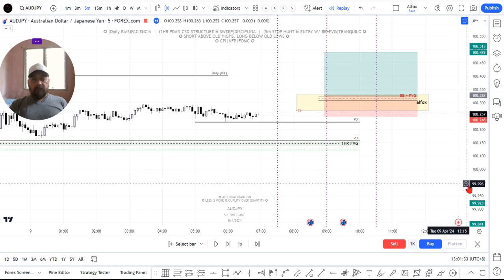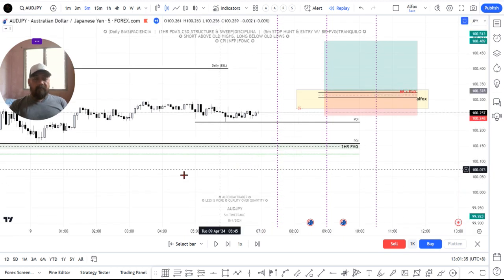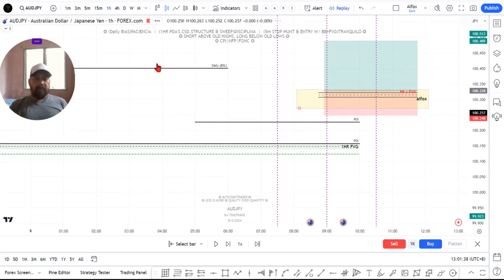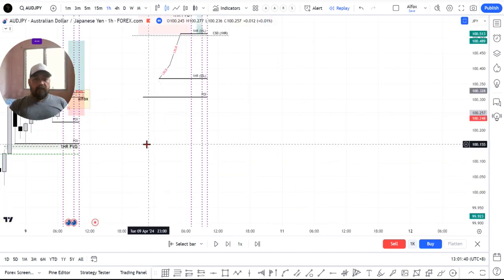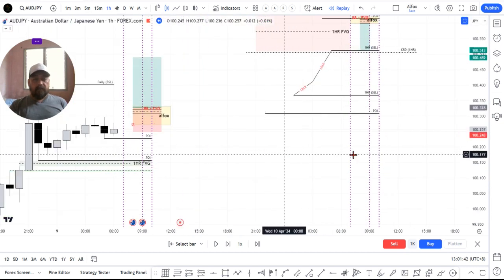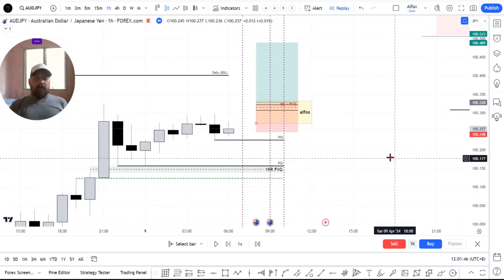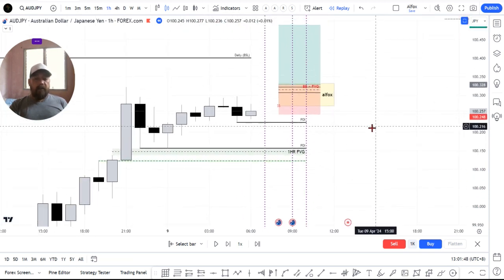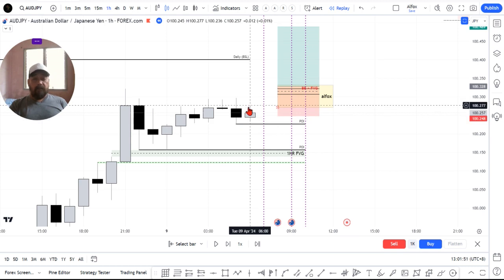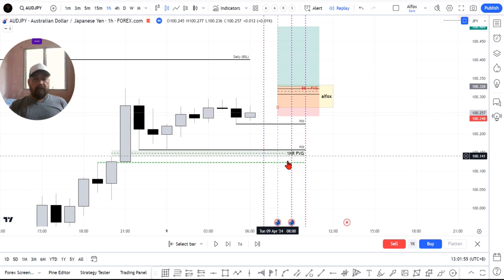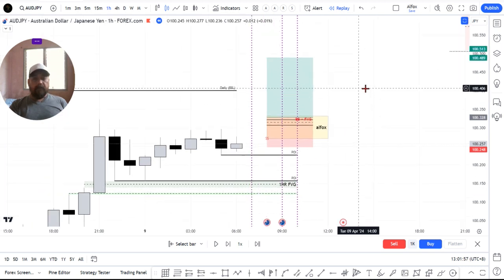So now I have my narrative. Since we are bullish for this day, I want price to either mitigate this area or this area before going up.